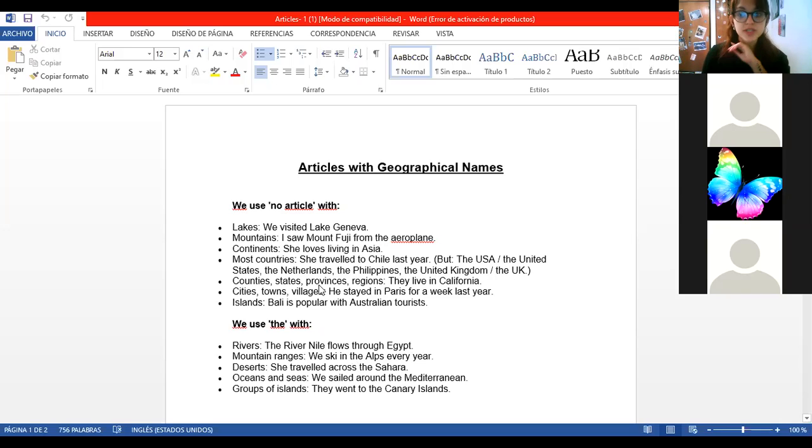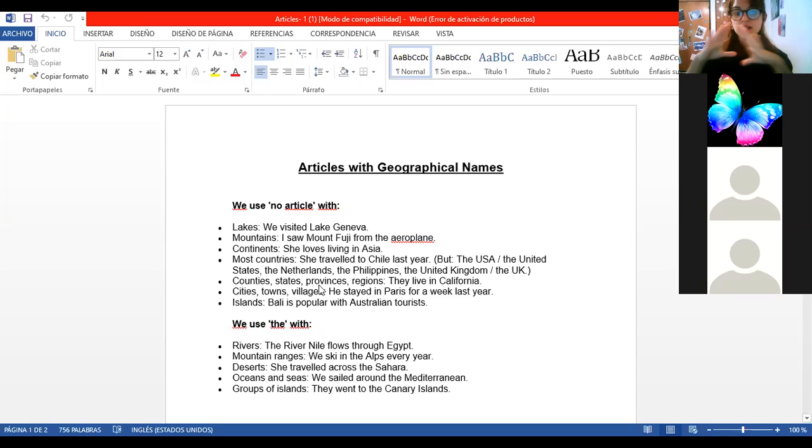So this is a little revision. We said we use no article with continents. Do you remember continents? Countries, states, and cities. Those we use no articles. We also use no articles with lakes. That is the only body of water.